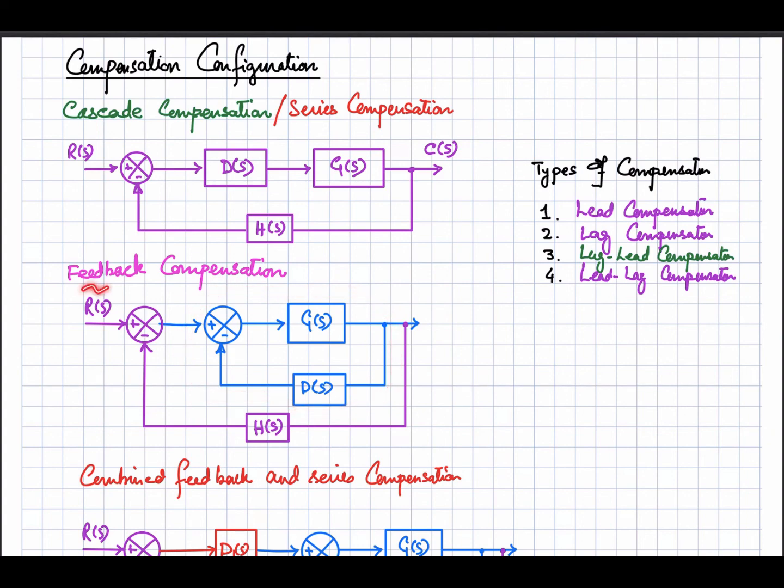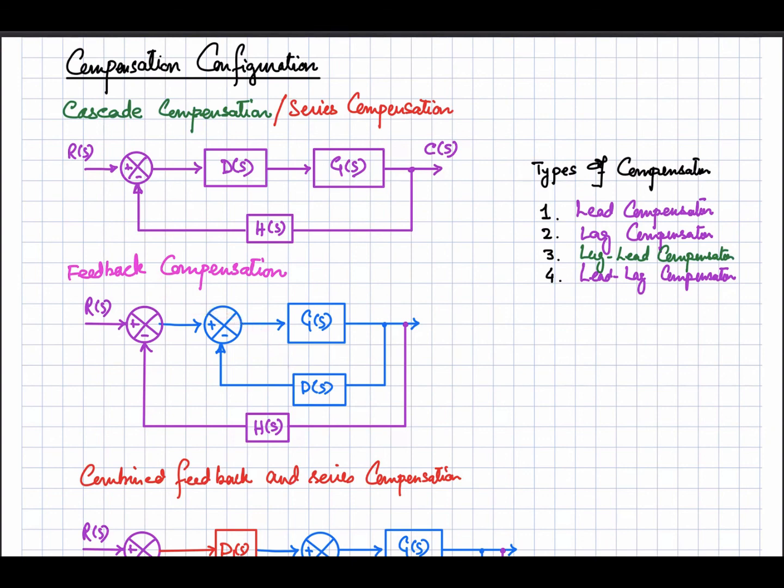So this type of configuration is the feedback compensation because you have connected your compensator in the feedback. So this one is the series compensation because you have connected your compensator in series. This is the feedback compensation.